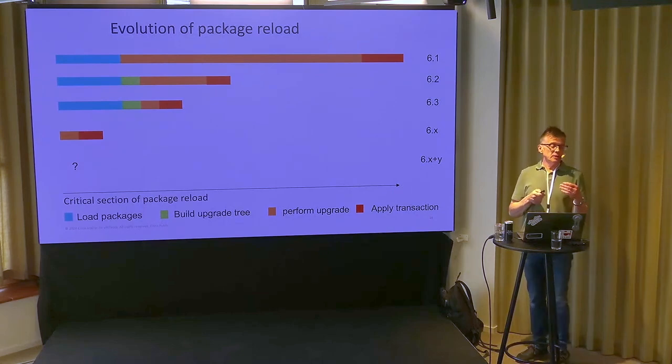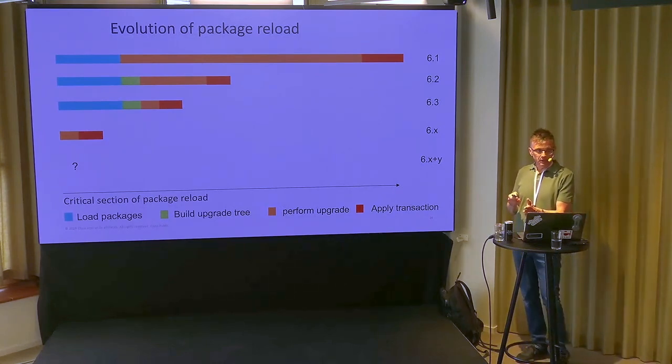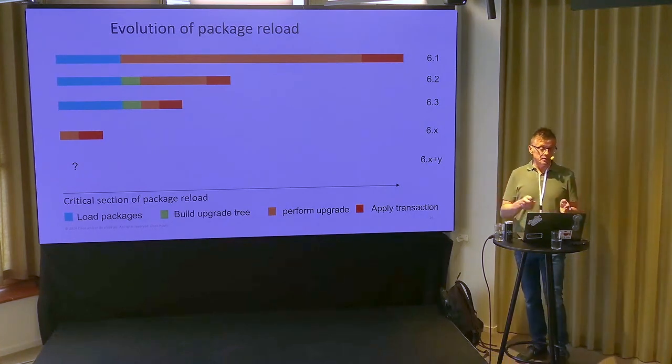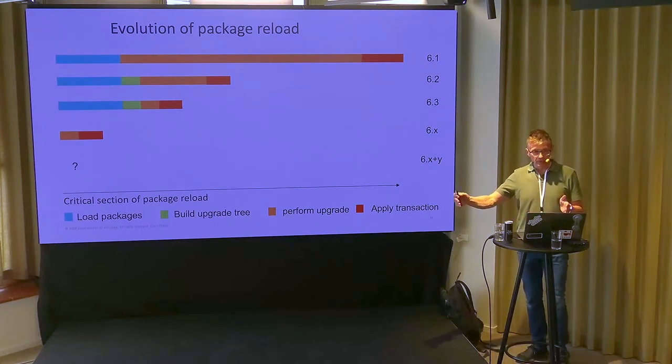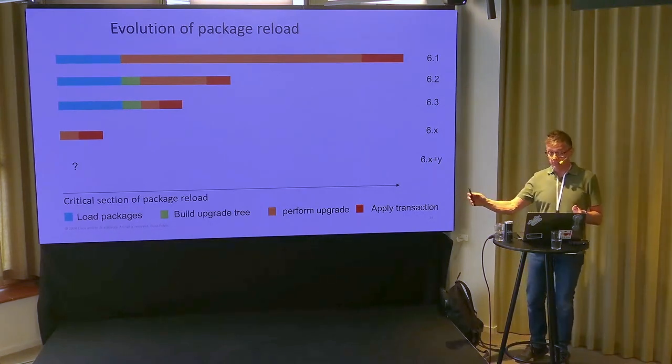So we start with a blue bar, we load the new schema, and then for the 6.1 release, we actually do the upgrade, a long time going through the database, iterate and do lots of stuff. And then we apply the upgrade transaction at the very end.